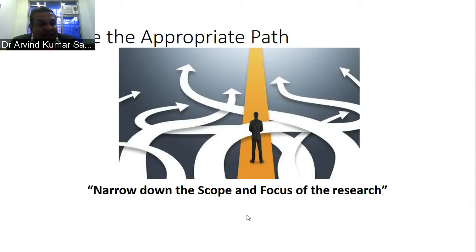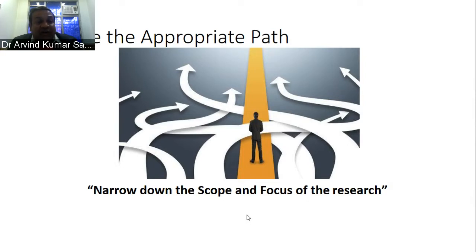It will be entry level staff, middle level staff, or the top management. So that's the way we narrow down the scope, because researchers also have limitations in terms of competency, in terms of funds available, and in terms of the time available. Depending upon that, we have to choose the correct, appropriate path.